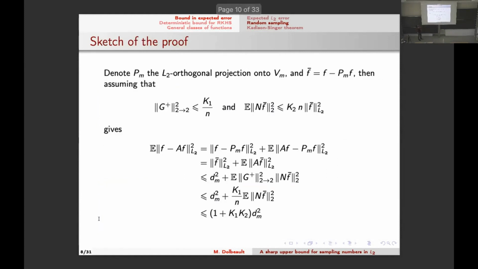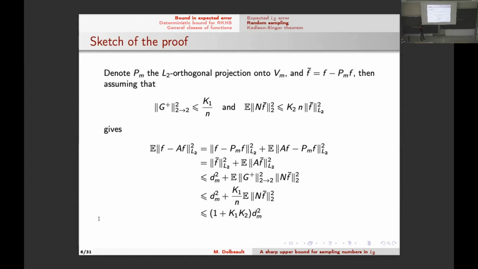I'll try to be a bit fast on the proof. So what happens is that I have basically two conditions. The first one tells me that I have to be stable in some sense. So G was measuring how close my discrete inner product was to the continuous L2 inner product, okay? And so it tells me if there are enough points.